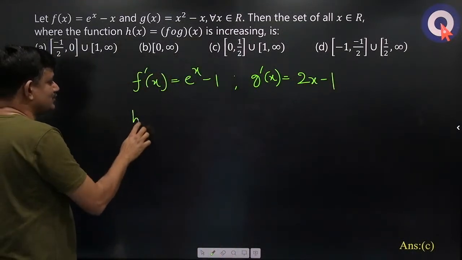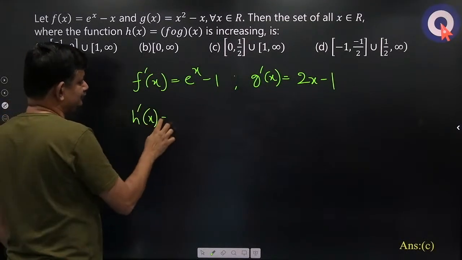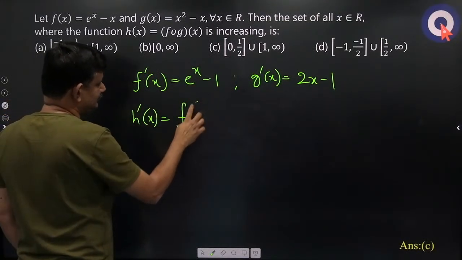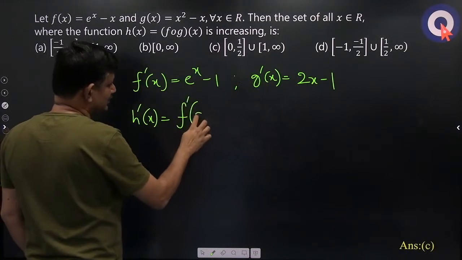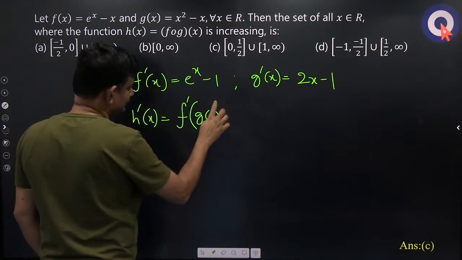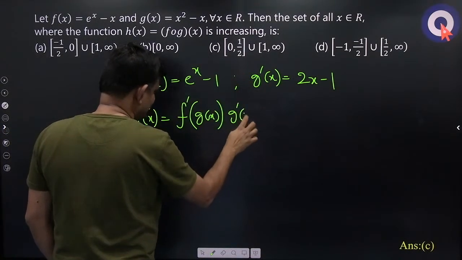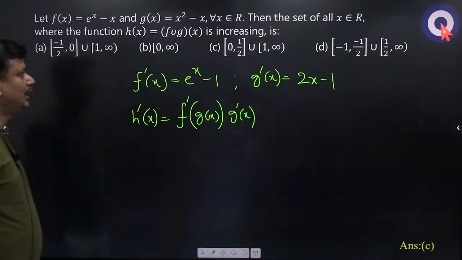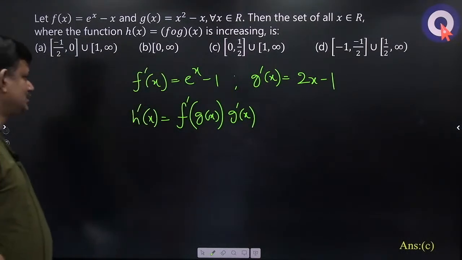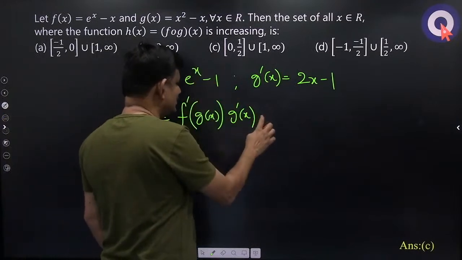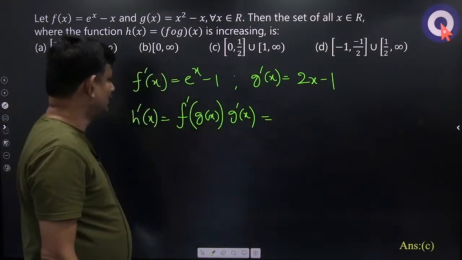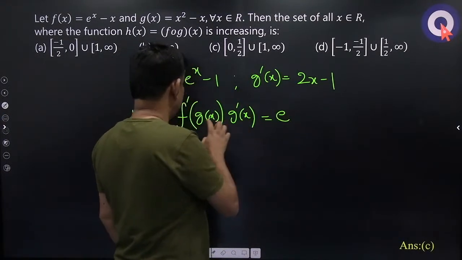Now h dash x, what will it be? It is the derivative of f of g of x, which is f dash of g of x into g dash of x.